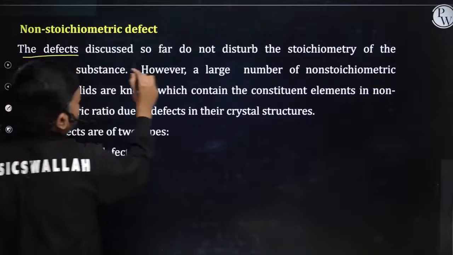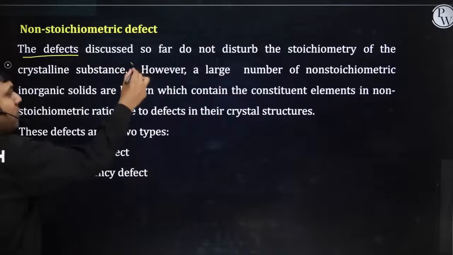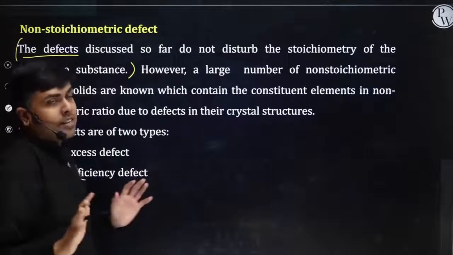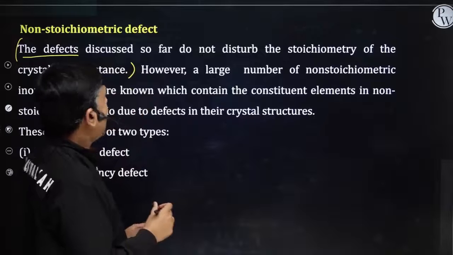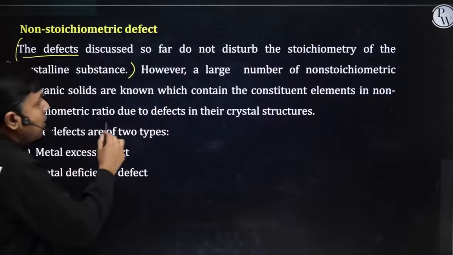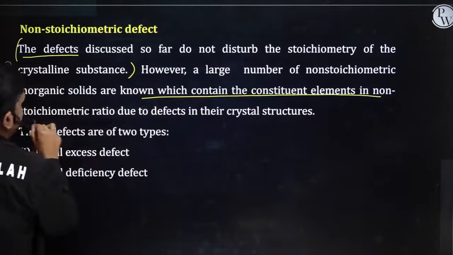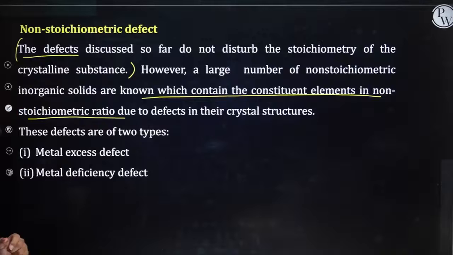The defects discussed so far do not disturb the stoichiometry of the crystalline solids. In case of stoichiometric defects, the stoichiometry is not disturbed. However, a large number of non-stoichiometric inorganic solids are known which contain the constituent elements in non-stoichiometric ratio due to defects in their crystalline structure.